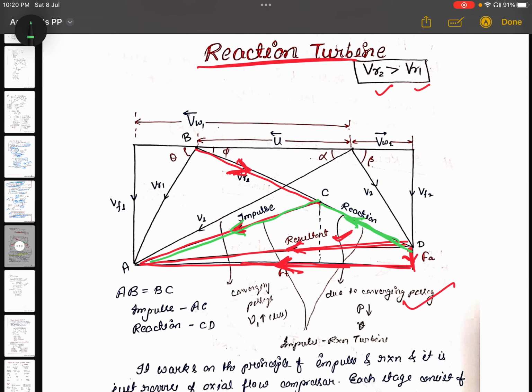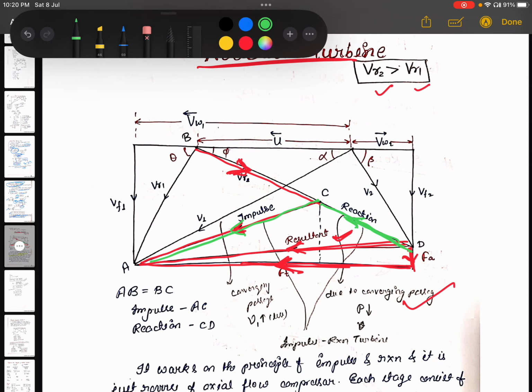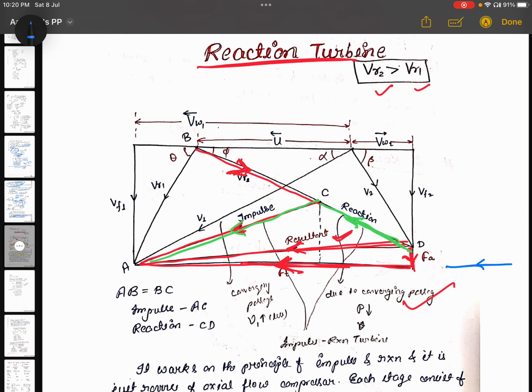What I'm trying to explain here is that the tangential force is coming from the net effect of the reaction force plus the impulsive force.